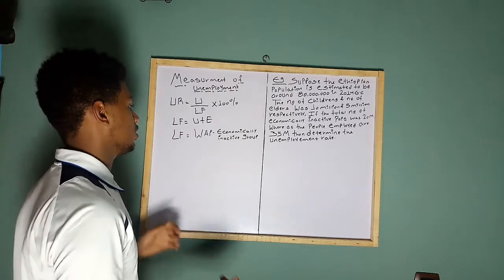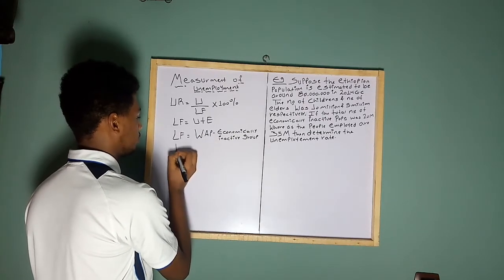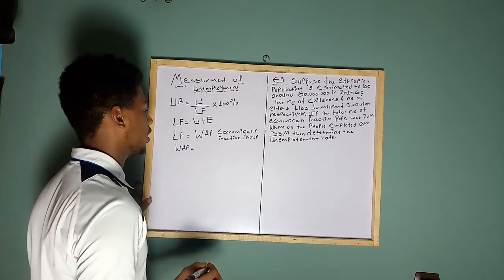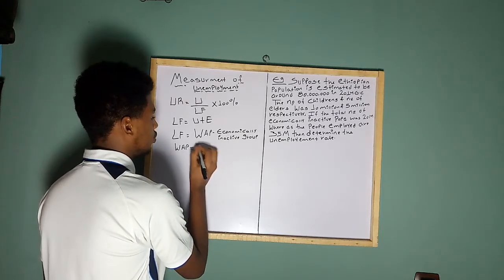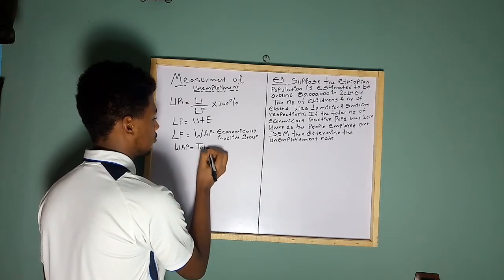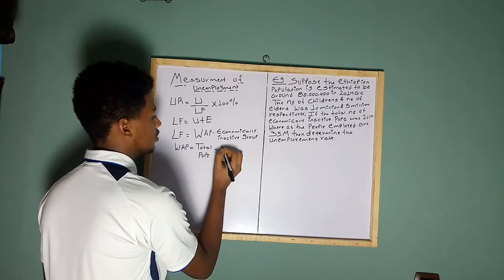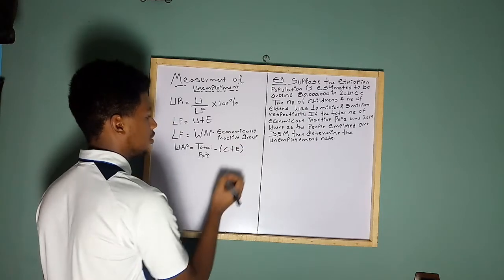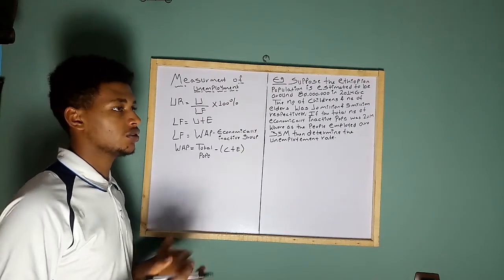And the next thing that we are going to calculate is the working age population. Working age population is calculated as total population minus children plus elders. And the working age population varies in different countries.